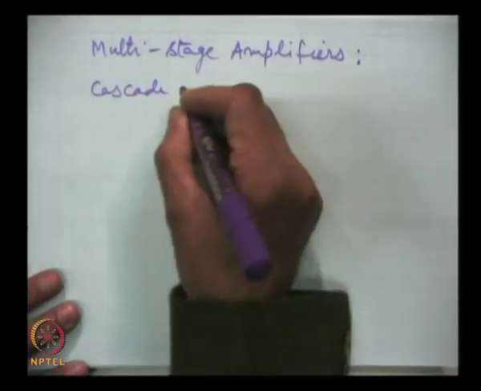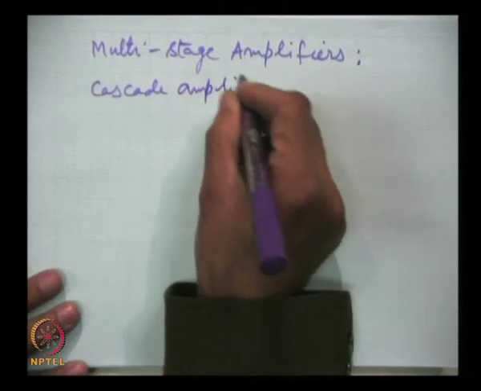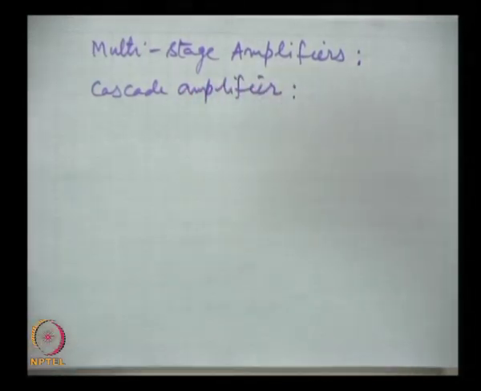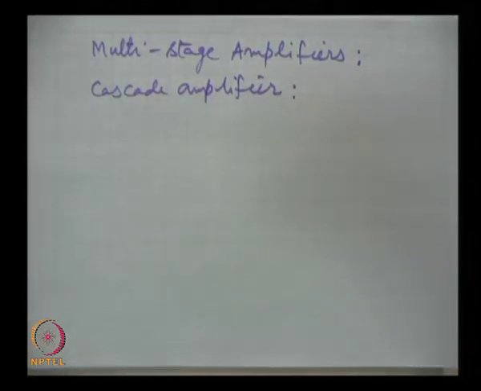An amplifier in which more than one stage, it may be 2, 3, 4, identical or different types of stages, are joined together, normally connected in series, and so this is also known as a cascade amplifier. So, we have a multi-stage or cascade amplifier when more than one amplifying circuits are connected.